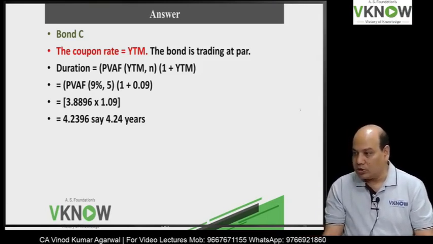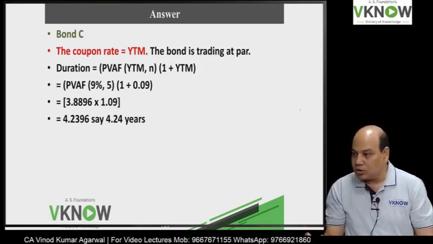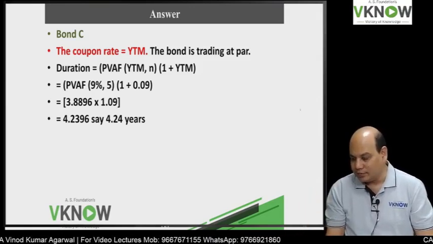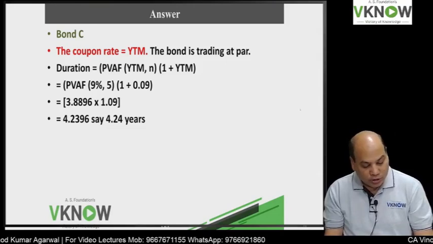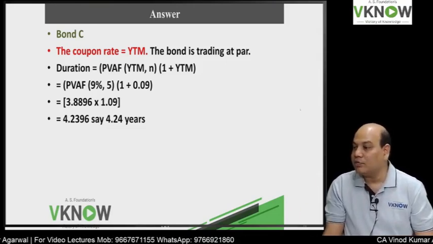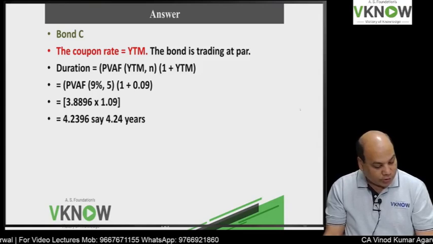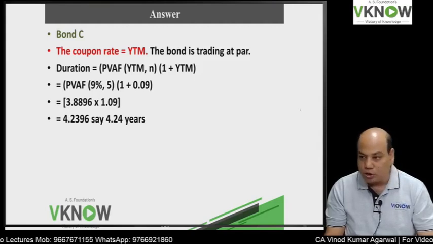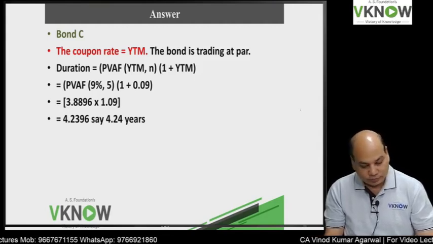In case of immunization, the duration of the liability should be equal to the duration of the asset. So what is the duration of liability? Read the first and second line of the question. It says these bonds are used by a bond portfolio manager to fund an outflow scheduled in 6 years.